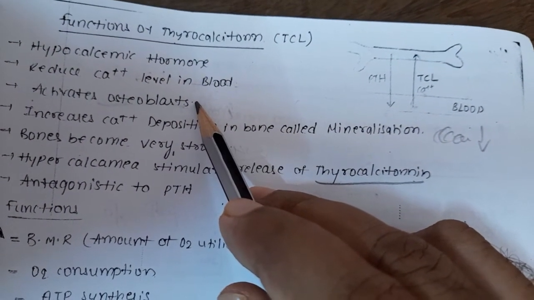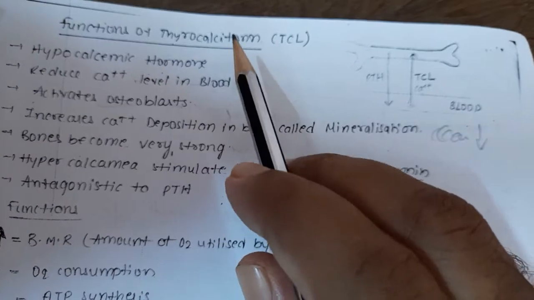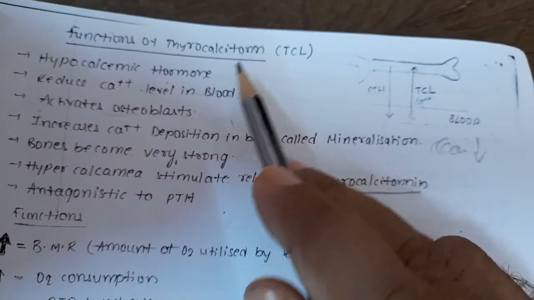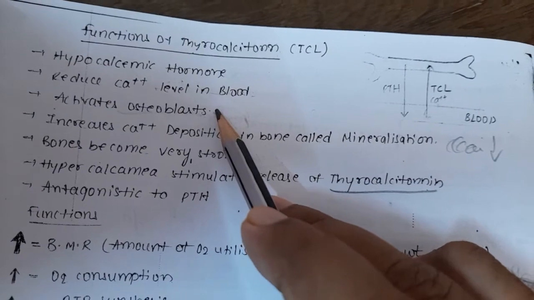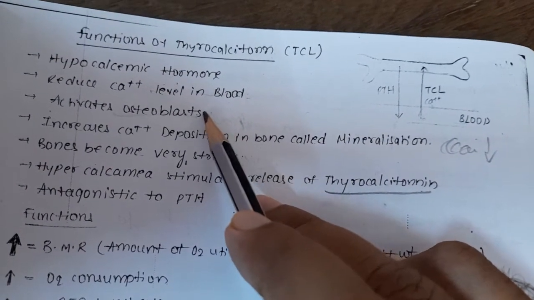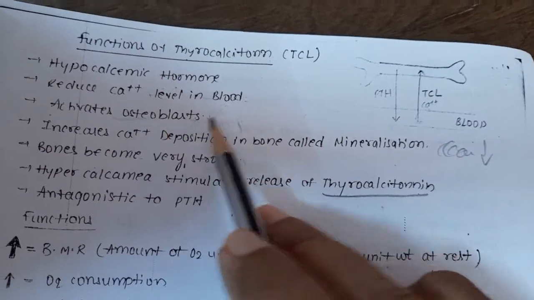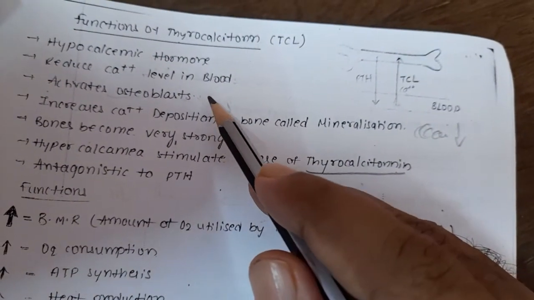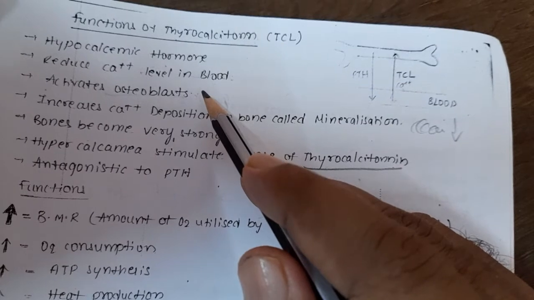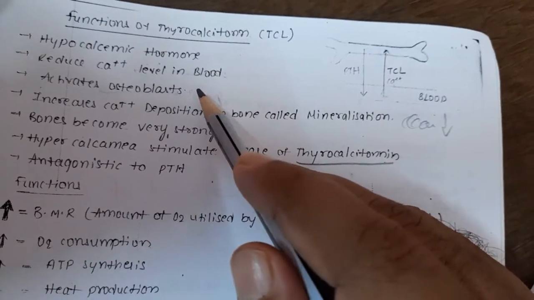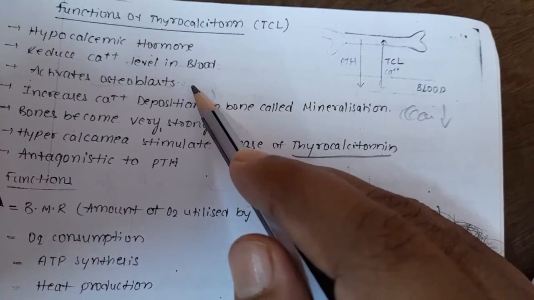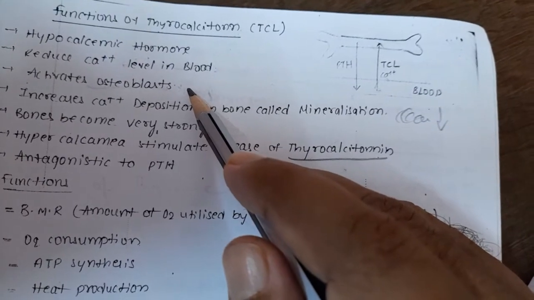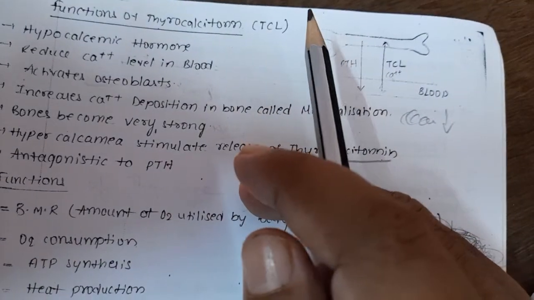Very important: which hormone activates osteoblasts? Osteoblasts are the bone forming cells, bone matrix forming cells. Fibroblast, osteoblast, chondroblast, erythroblast: these blasts are especially important, chondroblast, fibroblast, osteoblast. These are very important things.